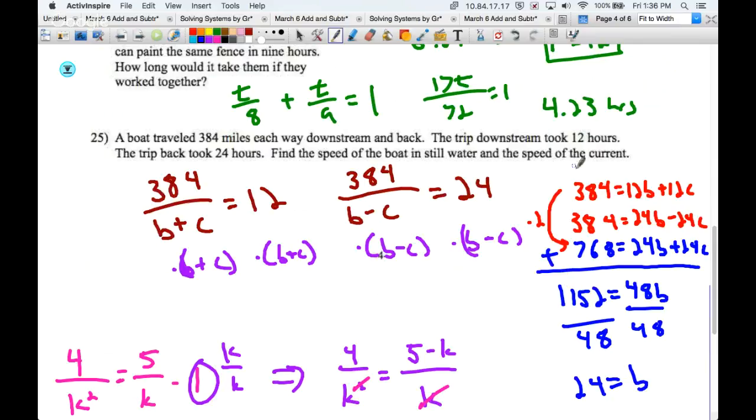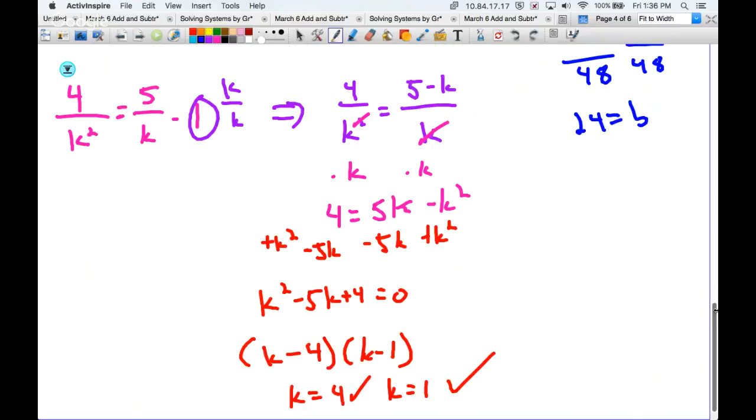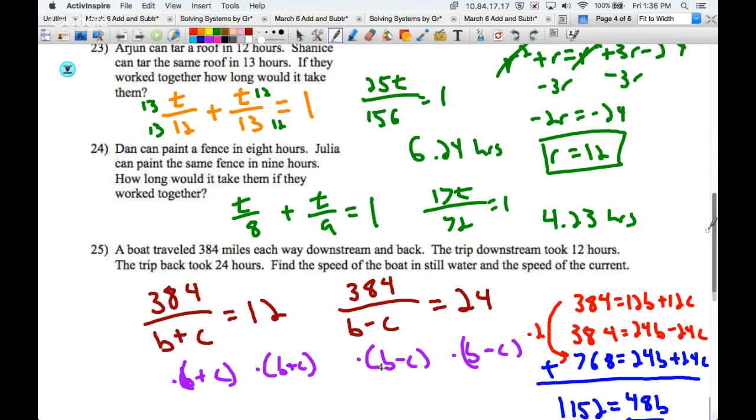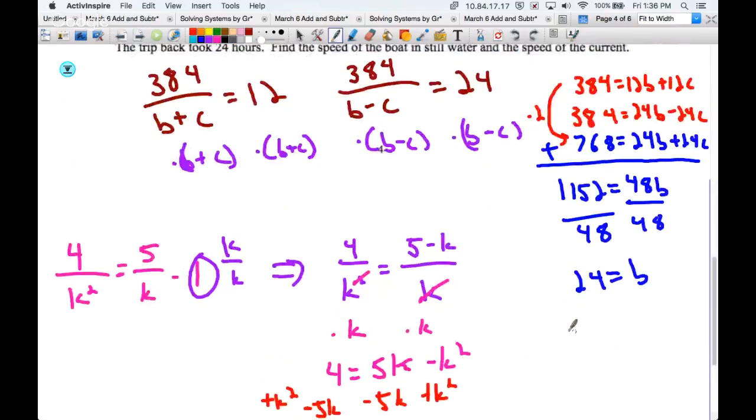Let's see, where do I want to plug that back in to solve the quickest? Maybe into this equation here. So 384 equals 12 times 24 plus 12c. 12 times 24, that's 288.